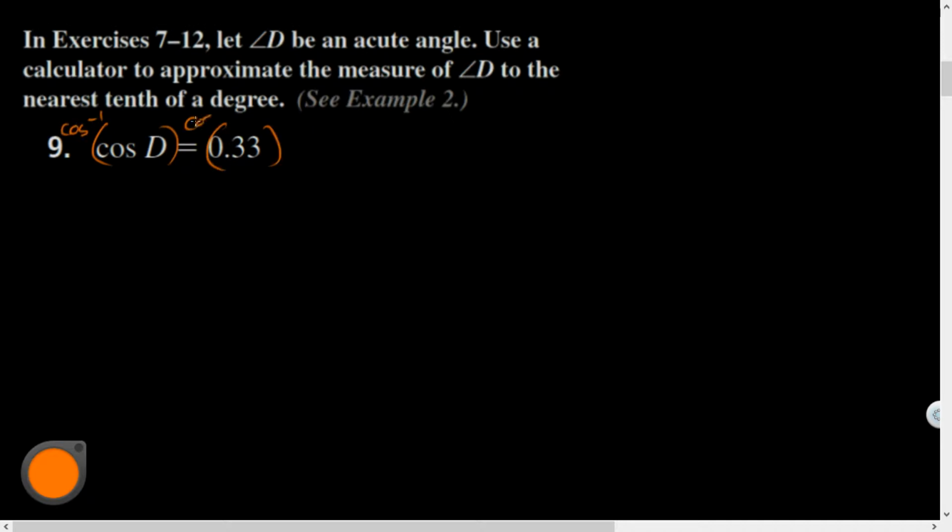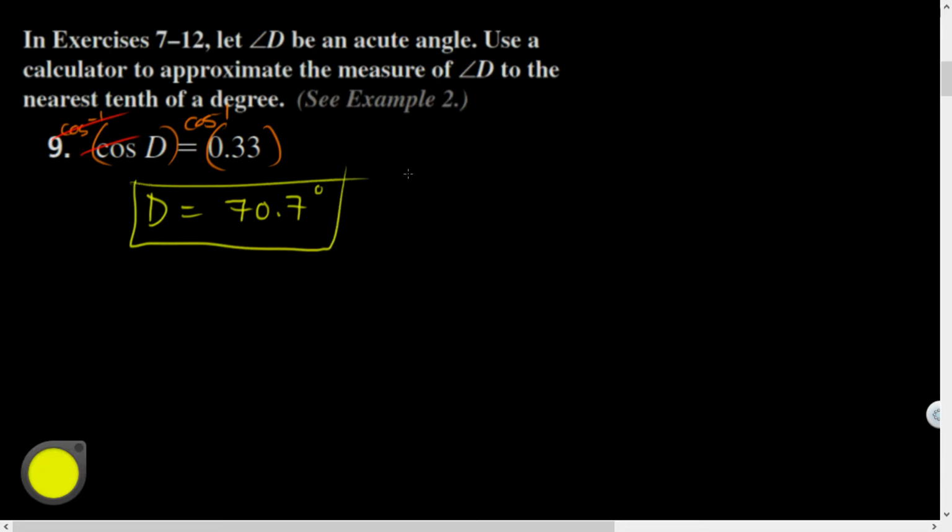Cosine inverse cancels out with the cosine function. I get angle D by itself, and angle D is equal to the cosine inverse of 0.33. So I hit second cos on my calculator, giving me cosine inverse 0.33, and I get angle D is 70.7 degrees, honoring the nearest tenth of a degree. There we go.